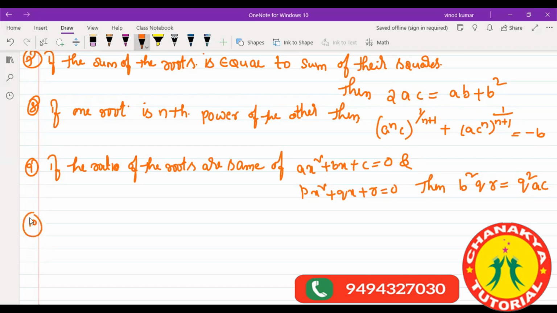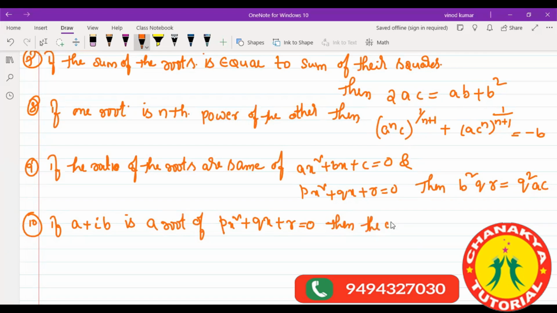And next, if a plus ib is a root of px square plus qx plus r equal to 0, then the other root is a minus ib.